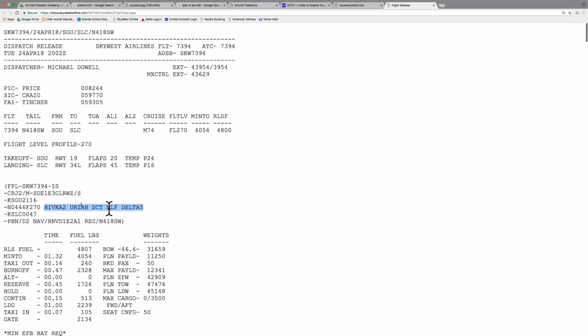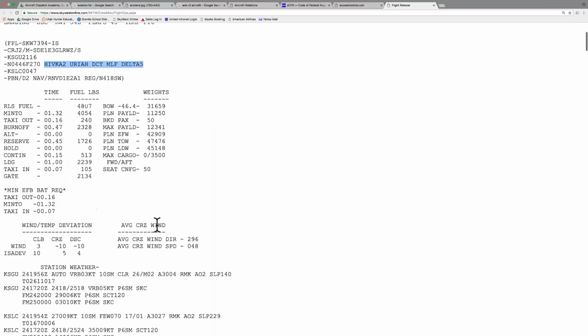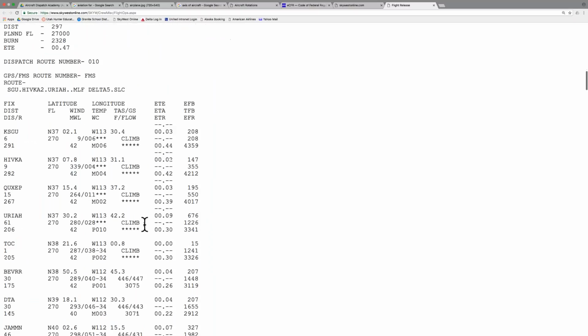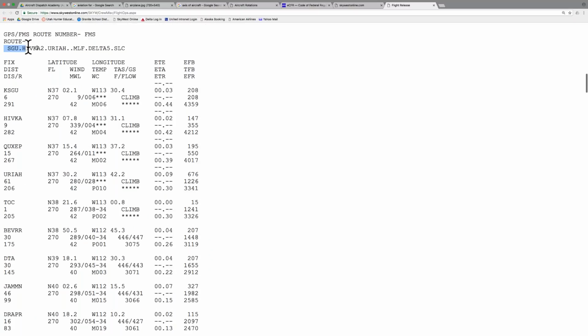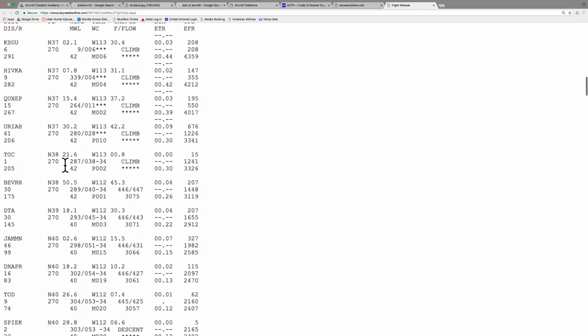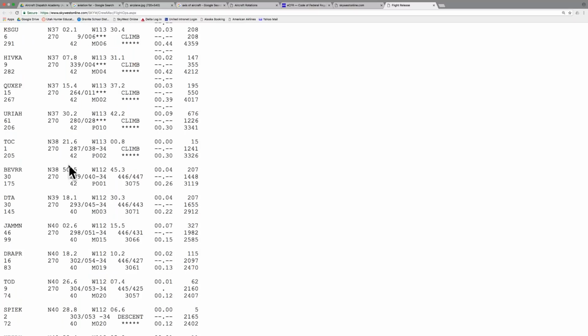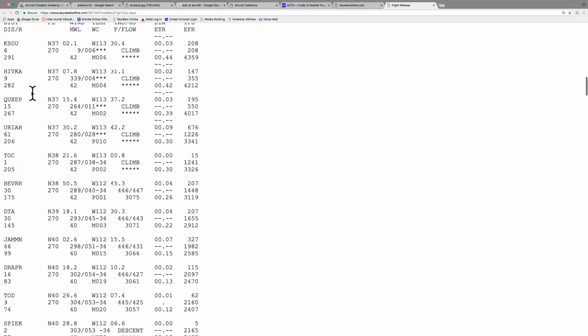So this is telling the air traffic controller the route that we're planning on flying. Well, down here you can see that same information. This is the route of flight, and we can see it broken up into smaller legs so that they know what's going to be happening at those points.